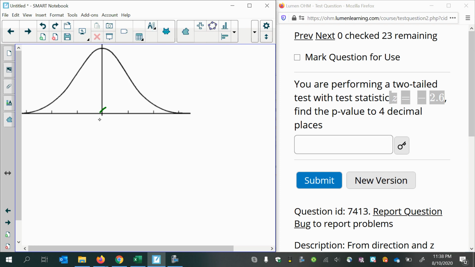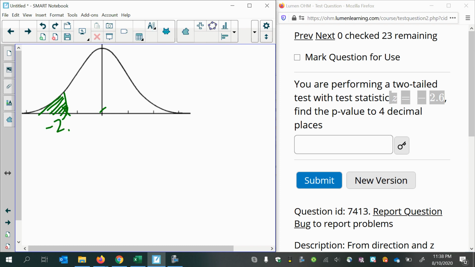That would have been a sample mean that started out as a value that was less than the mean. So we will put it way over here, negative 2.6, and we're going to shade to the left into the tail.